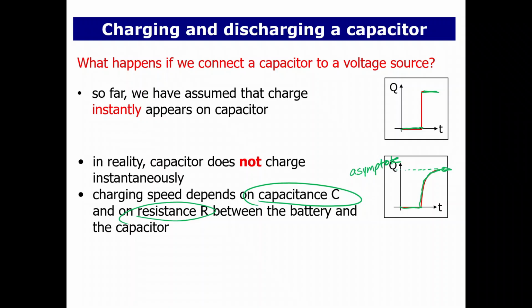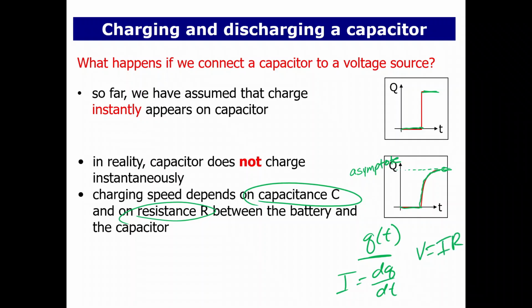Then we can derive equations for the charge on that capacitor as a function of time. Remember that current is the rate of change of charge over time, and voltage is current times resistance.